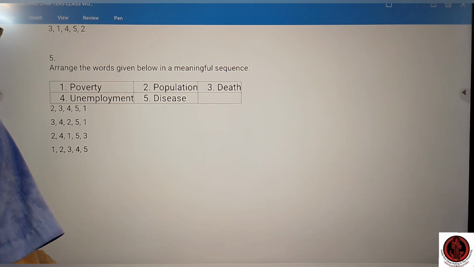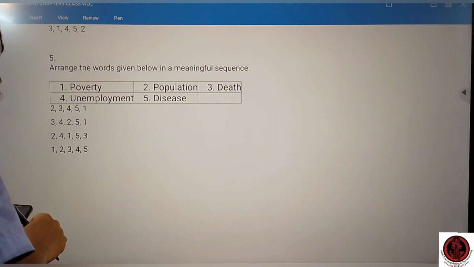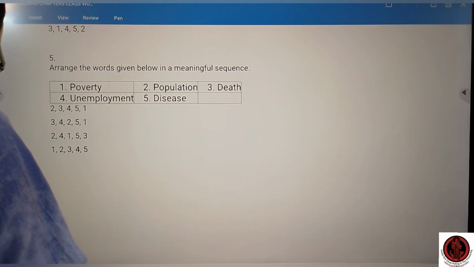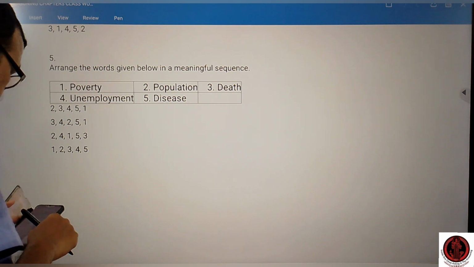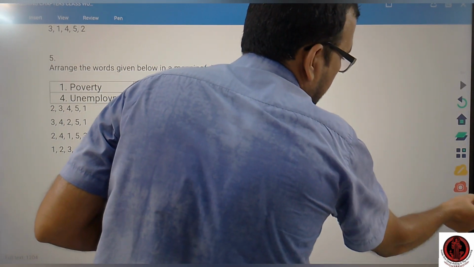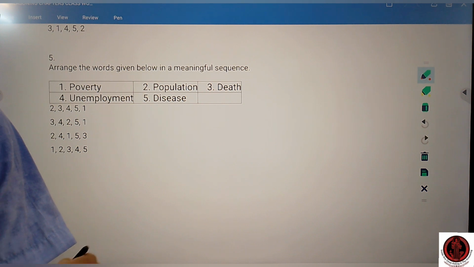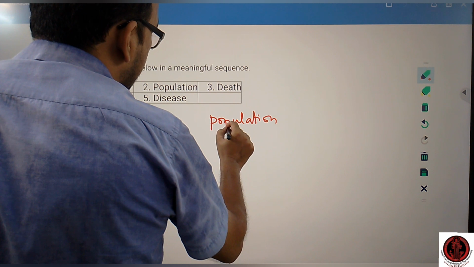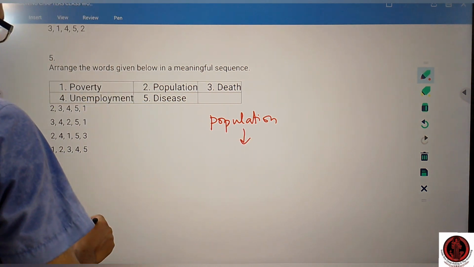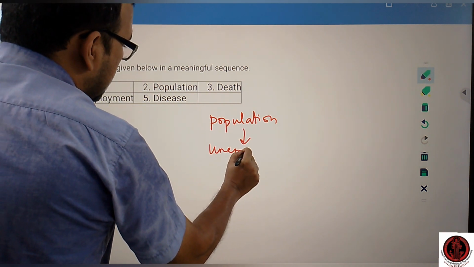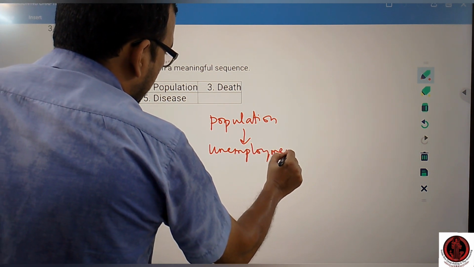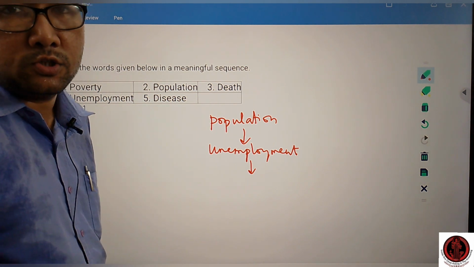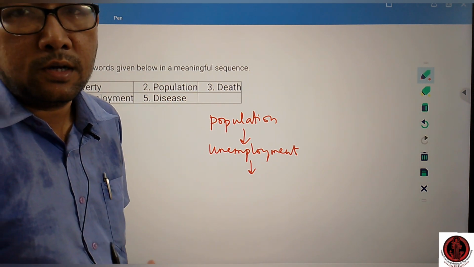Next, the words are poverty, population, death, unemployment, disease. So first, population increasing is there. If population increases, then unemployment is there because the number of jobs is limited.